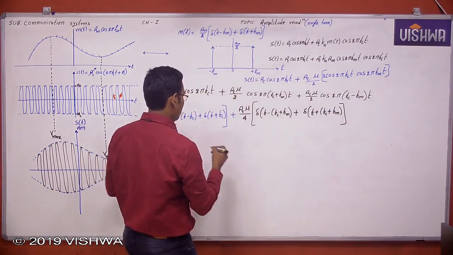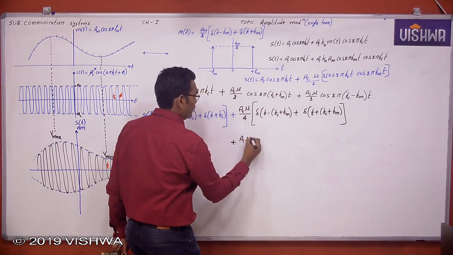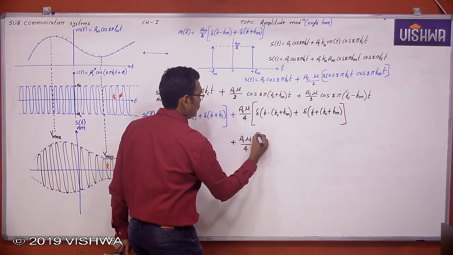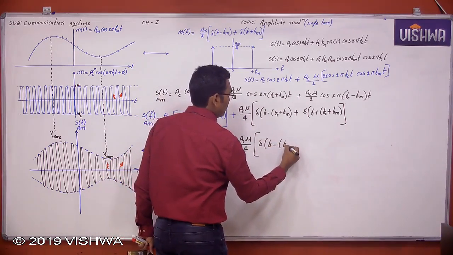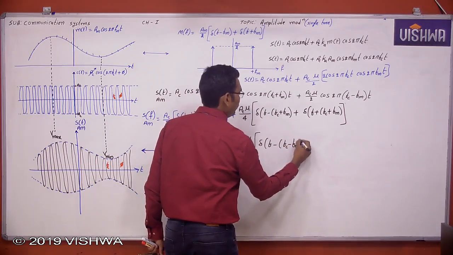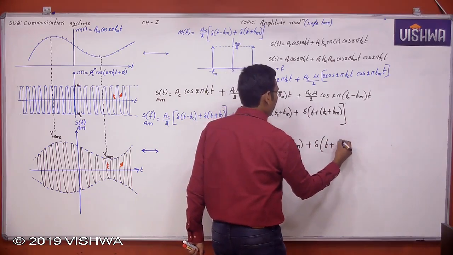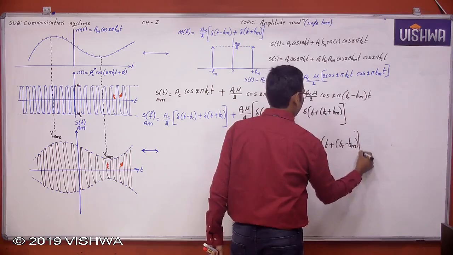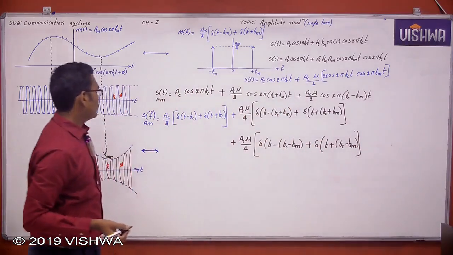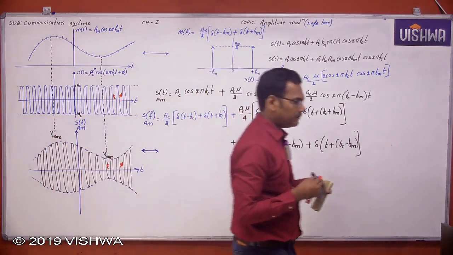Now plus again Ac mu by 4 into delta of f minus fc minus fm, and by the frequency shift property, delta of f plus fc minus fm. So this is an AM wave in frequency domain, no doubt.